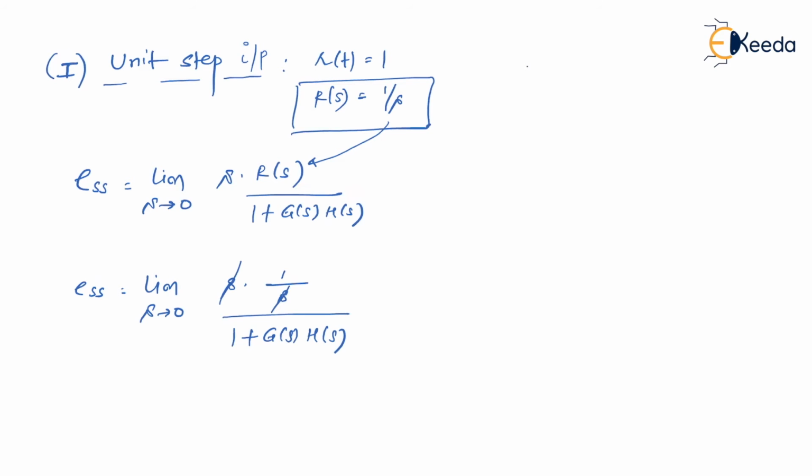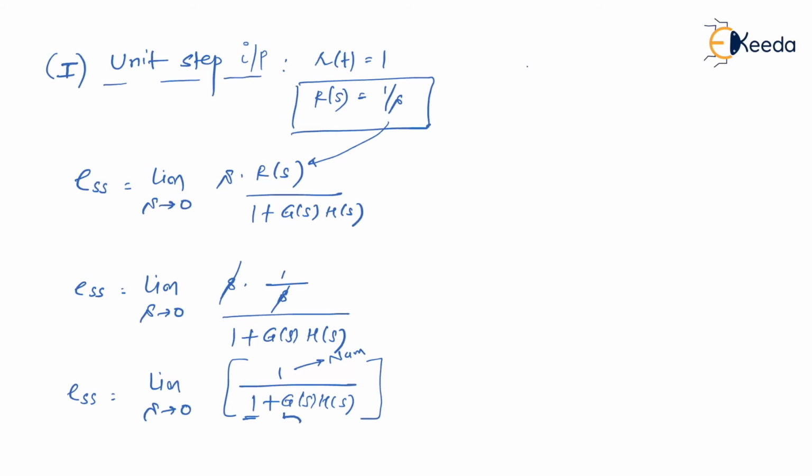Here s gets cancelled. What is remaining? Let me write it. ESS is equal to the limit as s tends to 0 of 1 divided by 1 plus G(s)H(s). Now try to understand my point. Wherever you have s, you have to substitute s equal to 0. But look at the numerator. The numerator is constant. This 1 in the denominator is also constant.